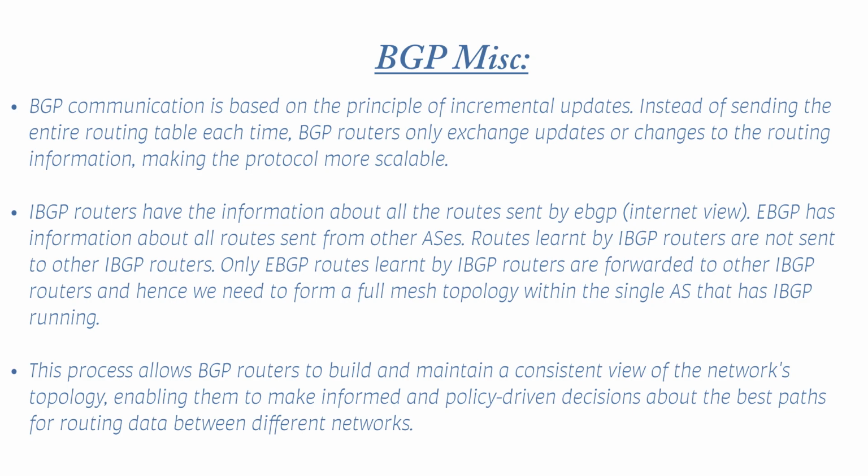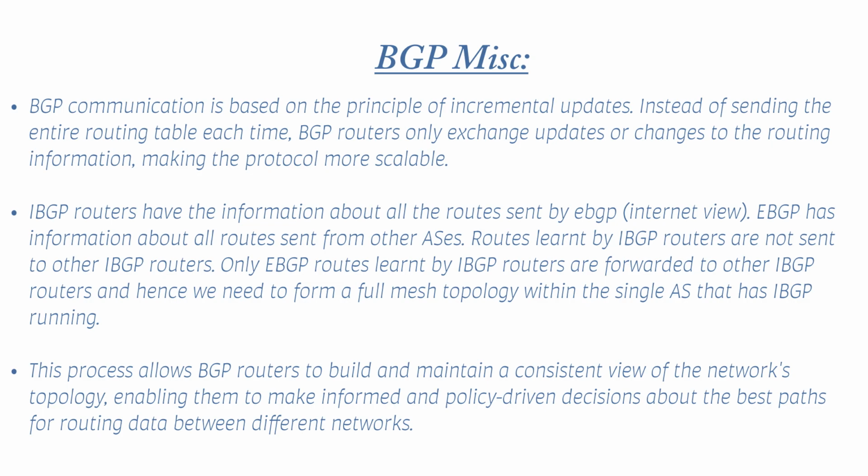So one other thing is, whenever we have IBGP configured in an autonomous system, there is a necessity that we form a full mesh topology within the single AS that has IBGP running. The full mesh topology is necessary if we want to share the information about different autonomous systems to different EBGP peers.